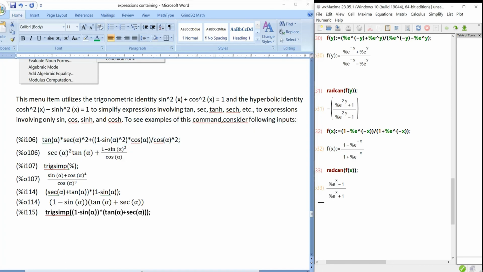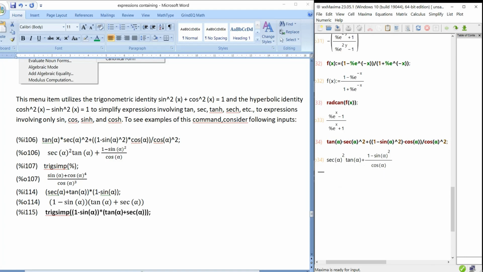This is the example we are dealing with now. I copy this, consider next cell, shift enter key. This is the function secant alpha square tan alpha plus 1 minus sin alpha square upon cos alpha. This is the expression. I need to simplify this expression. So what I do, I apply the command, the function, this one. Remember it, trigsimp.